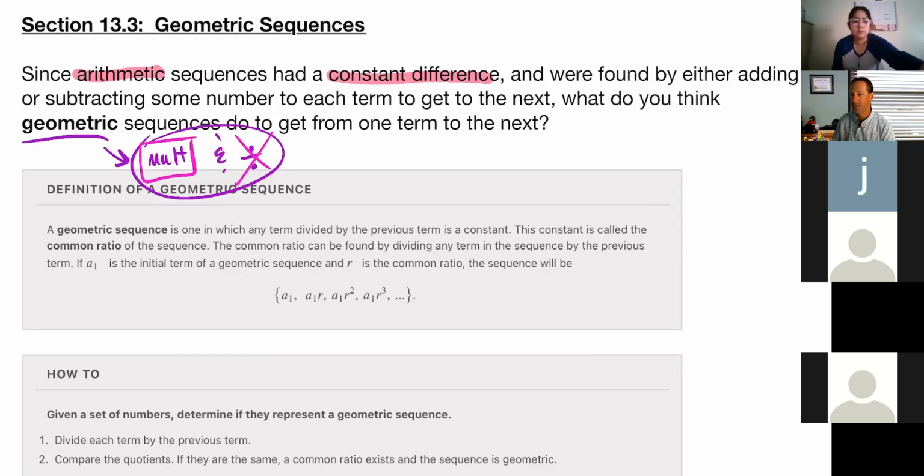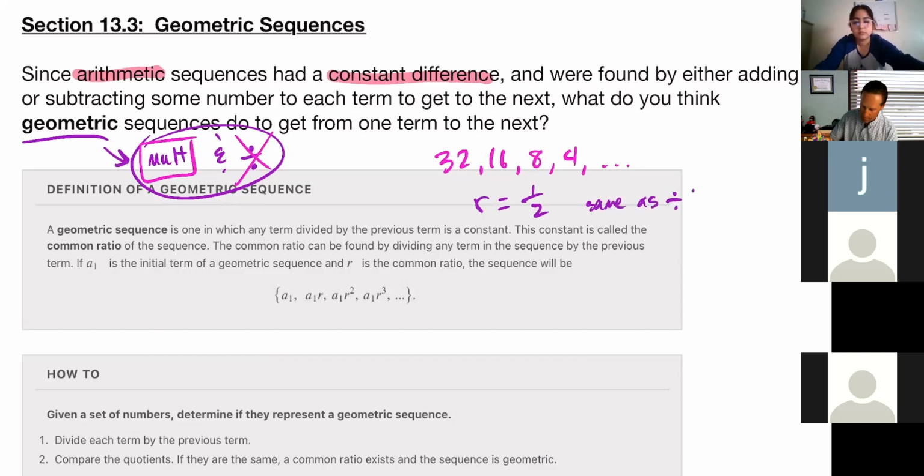But what if you wanted to, you know, divide by 2 every time? What would you have to do if I had this list? Multiply by 1/2. Yeah, very good. We could say that there is a constant ratio of 1/2. That's the same as dividing by 2.